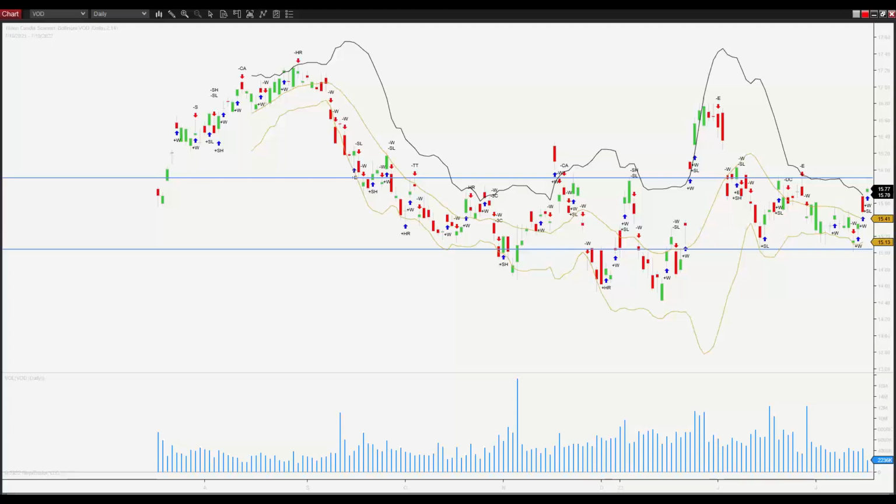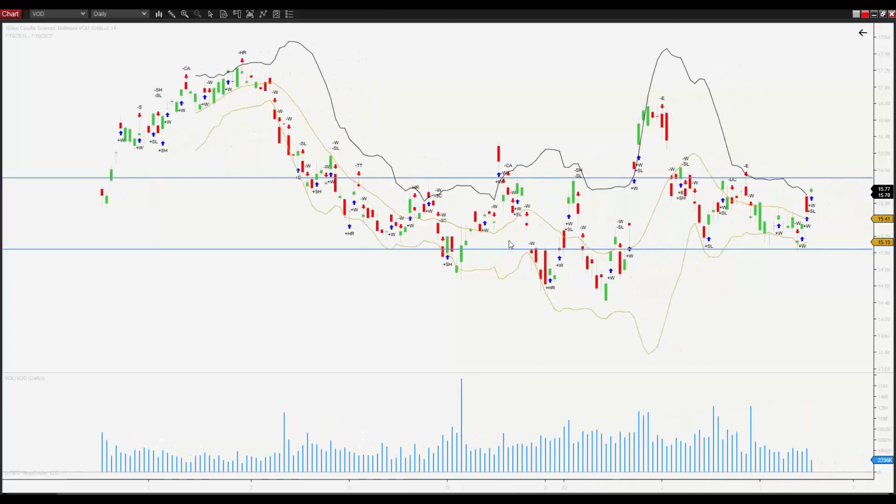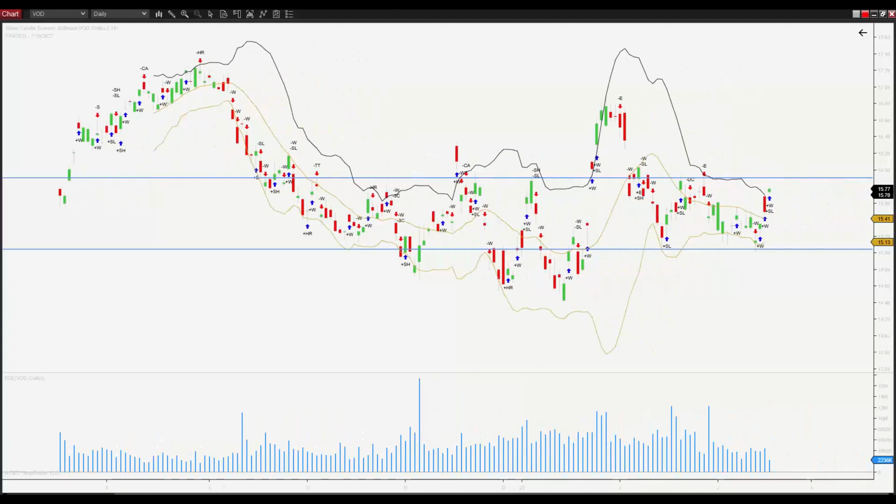The Nison Candle Scanner really does highlight for you. You can do all kinds of combinations of scanning, as I showed you in the Market Analyzer. There are so many ways that you can scan.